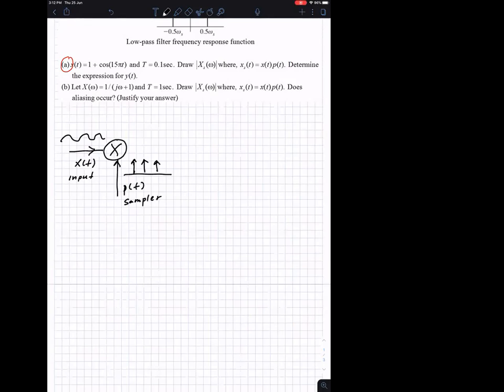And the output is going to be the sampled signal. Last time we called this x_p(t), and they're the same thing. Sampled output.